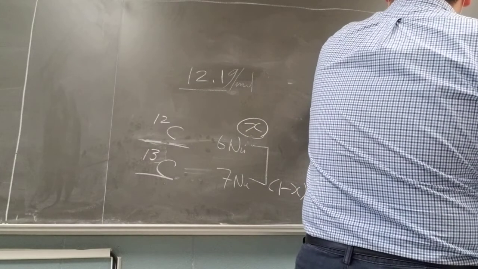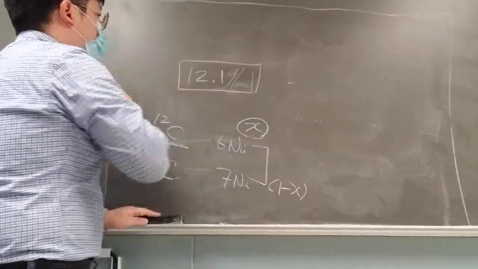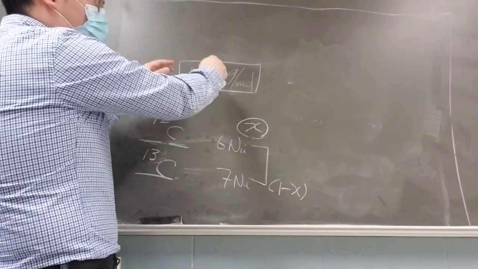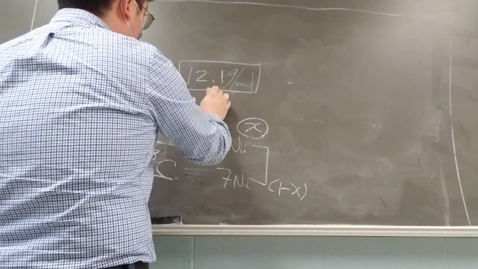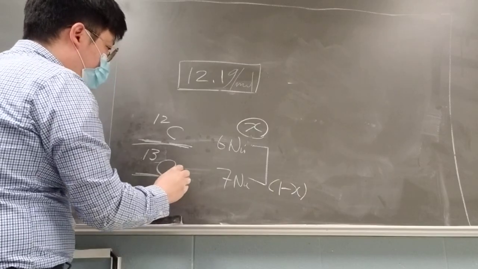Alrighty. The average value given in an exam question is usually much less clean than this, but let's make it easier this way. Carbon-12 is here, carbon-13 is here.